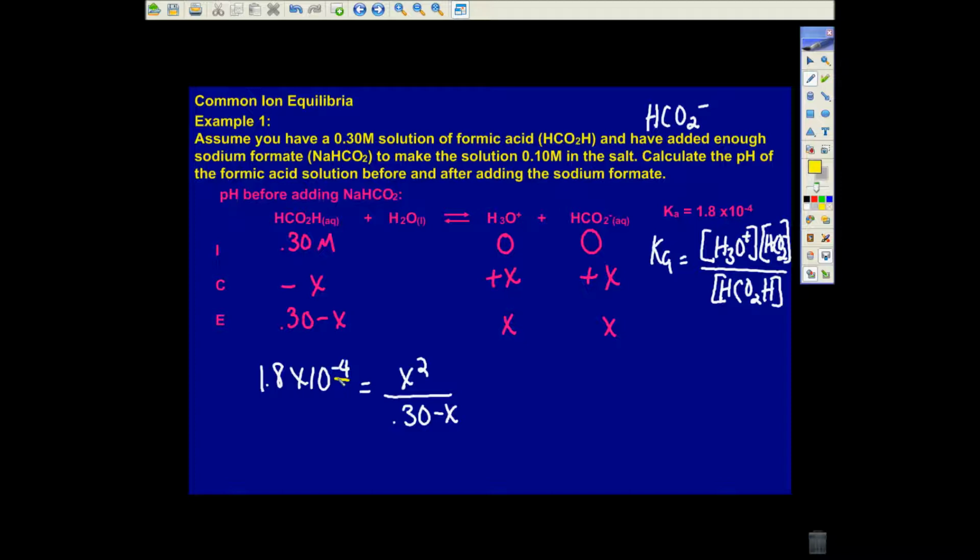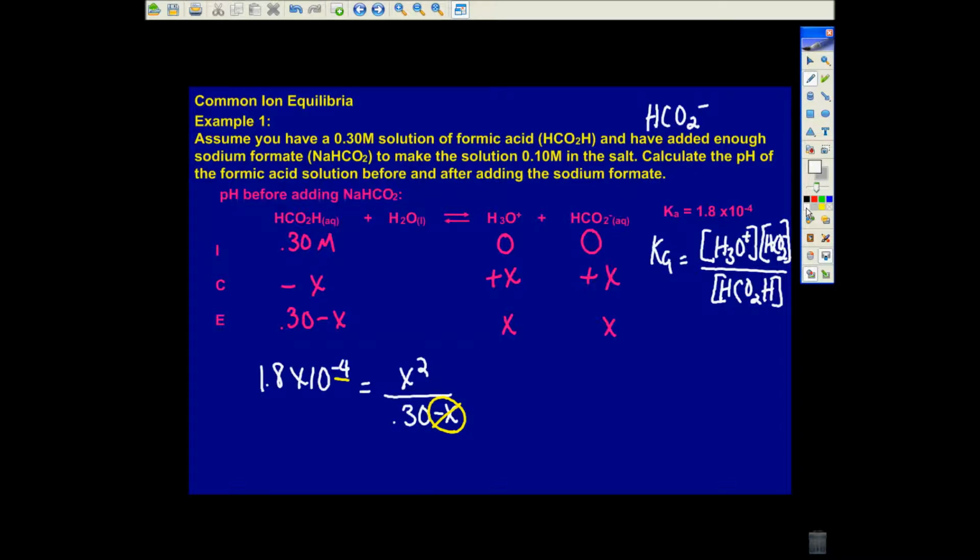And anytime your Ka value is 10 to the negative 4 or smaller, you can take that minus X part and ignore it, because it's not going to change that 0.30, that initial concentration, by very much, because there's too big of a difference. So I'm going to ignore that minus X and then solve using my calculator.